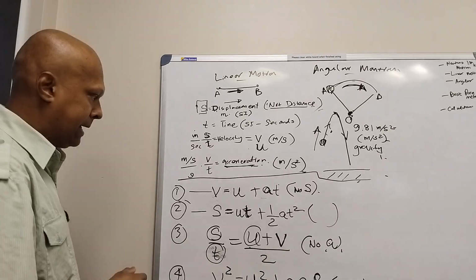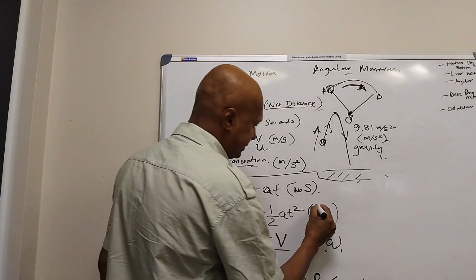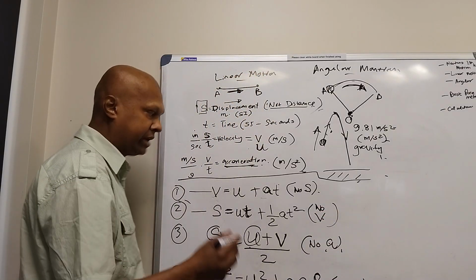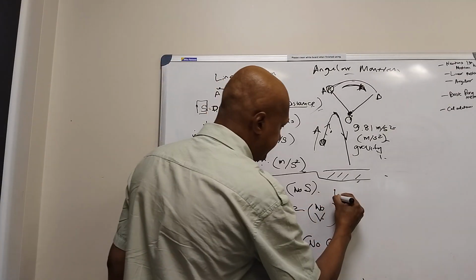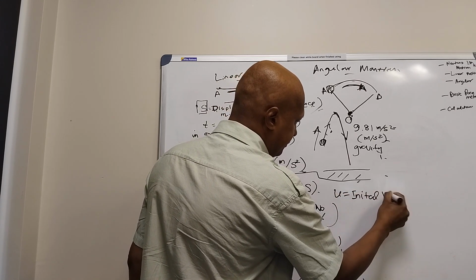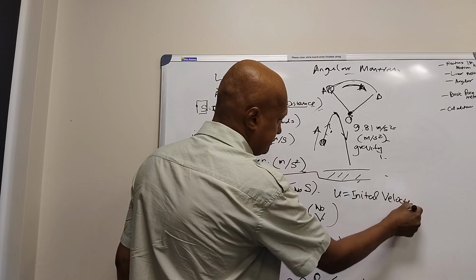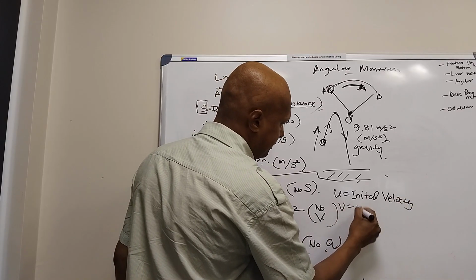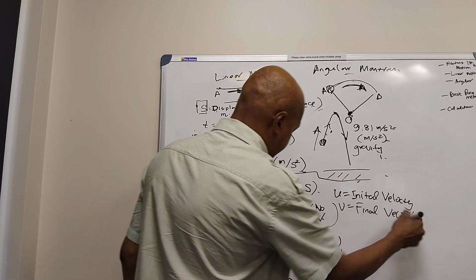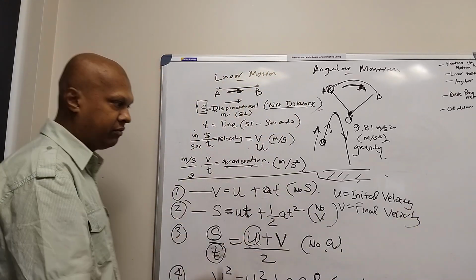So now there's no V, no final velocity. U is the initial velocity, V equals the final velocity. We all need this initial and final velocity.